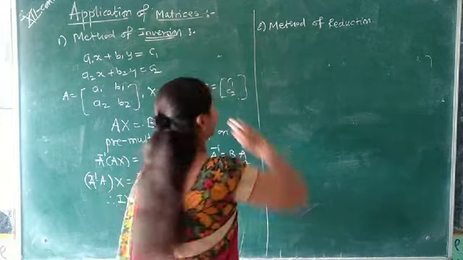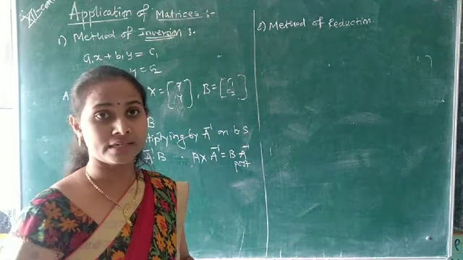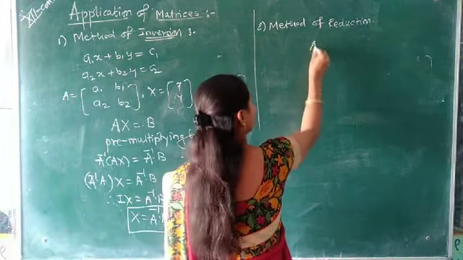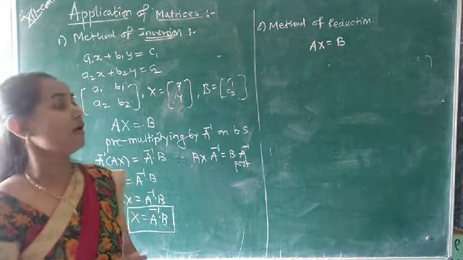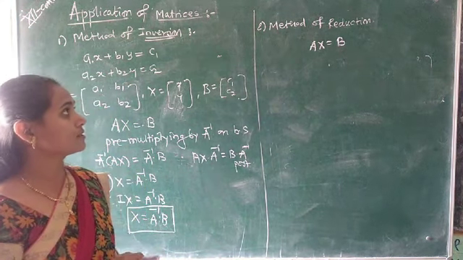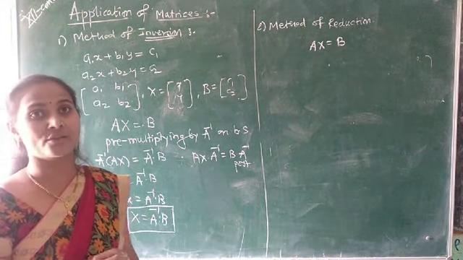Again, all of you know that the given equations can be written in matrix format AX is equal to B. So, how to find the solution of a system of linear equations by using the method of reduction?